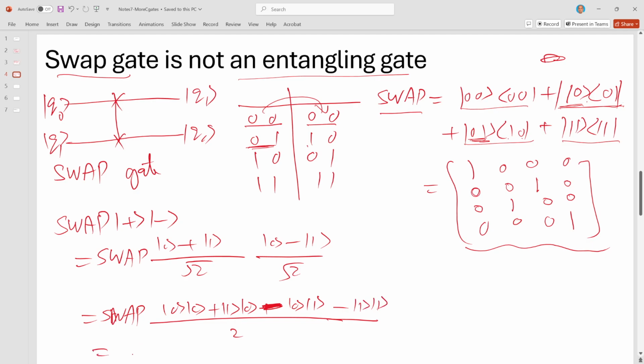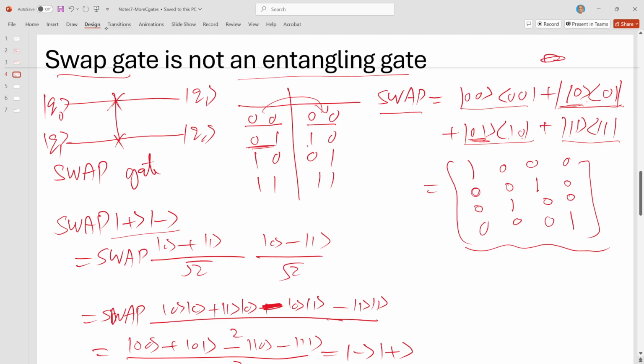Now after applying swap, |00⟩ becomes |00⟩, |10⟩ becomes |01⟩, and |01⟩ becomes |10⟩, |11⟩ remains as it is, and we can factorize the state again, and the minus comes here and plus comes here. Now you see the plus minus state has gone to minus plus, but it's not entangled. So swap gate, even though it sort of affects these two qubits, is indeed a non-entangling gate.